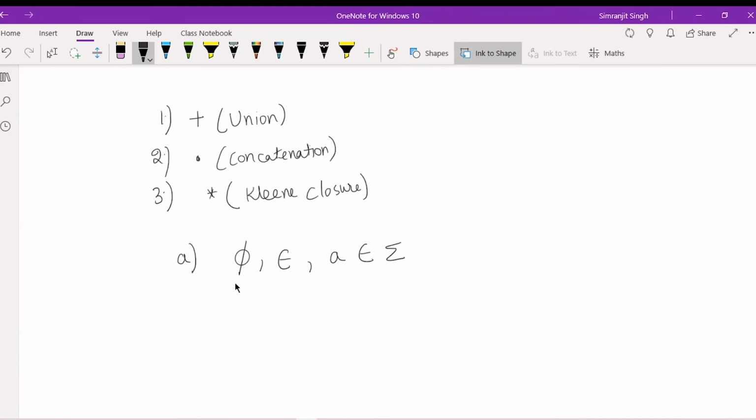If I derive the corresponding language, phi gives the empty set, epsilon gives a set that contains only the empty string, and the input A gives the language containing A only. These three are called the primitive regular expressions.